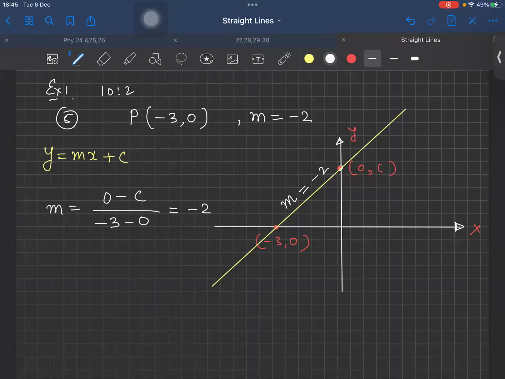So from here, can you find the value of C? Just cross multiply. Minus C divided by -3 is equal to -2. Is that okay?